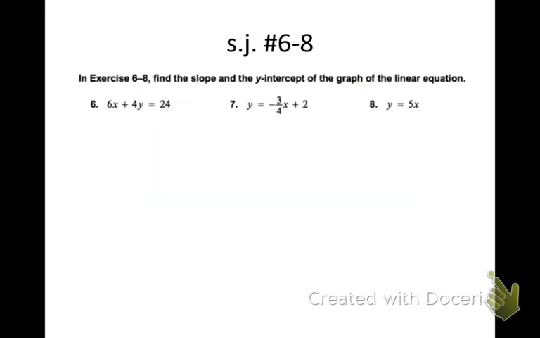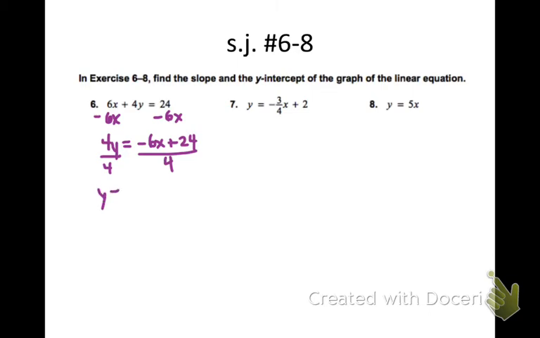So we want to solve for y. We'll start by subtracting the term of x on both sides, so y is equal to a negative 6x plus 24. We divide both sides by a positive 4, and that means everything on this side gets divided by a positive 4.